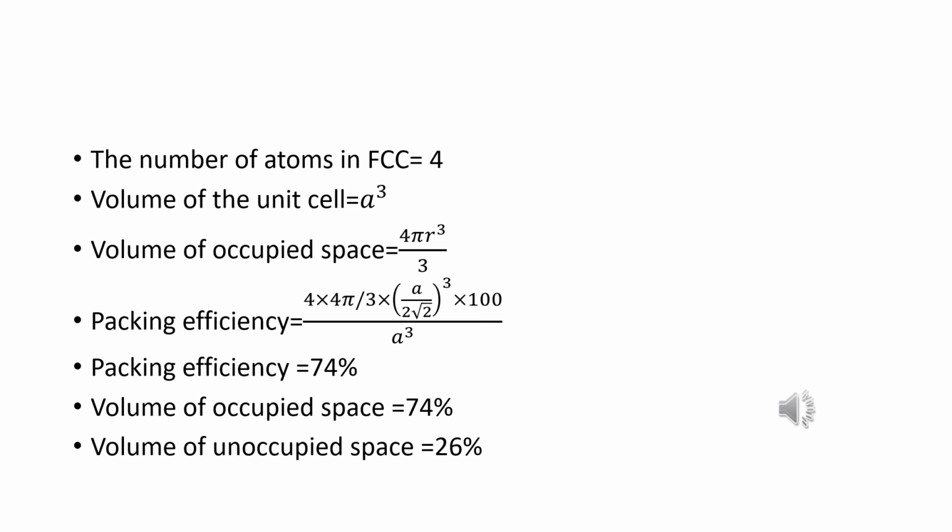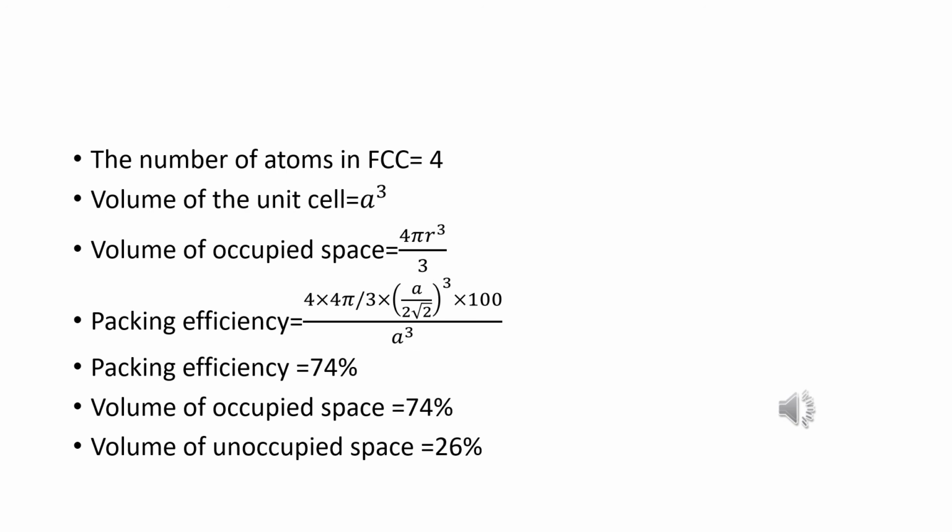Substitute the value of radius, A by 2 into root 2, the whole cube, into 100, divided by the volume of the unit cell, that is A cube. Solving all these terms, we get the packing efficiency of FCC, that is 74%. This is the volume occupied by an FCC crystal.